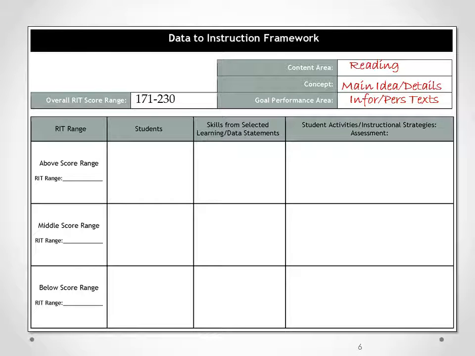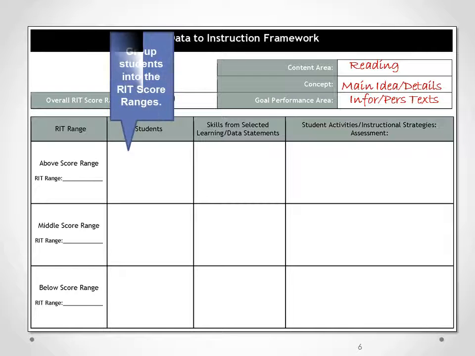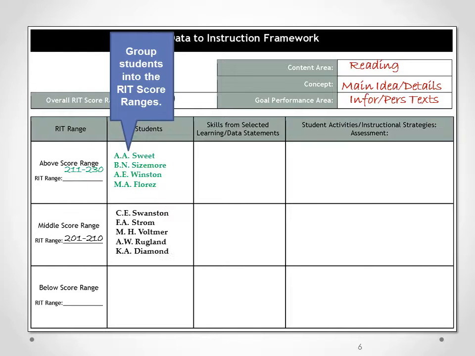This slide shows the students within each score range. Students above 211 to 230, Sweet, Sizemore, Winston, and Flores. Students that were 201 to 210 in the middle range were Swanston, Strom, Voltmer, Roglan, and Diamond.